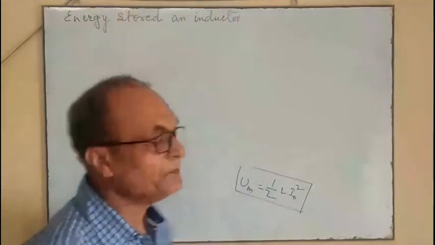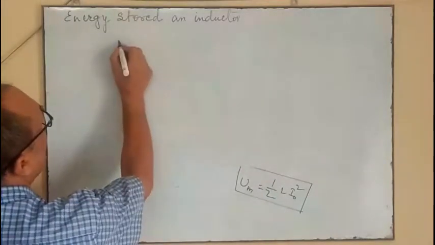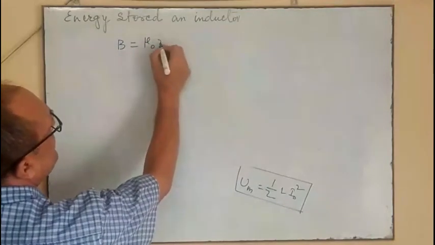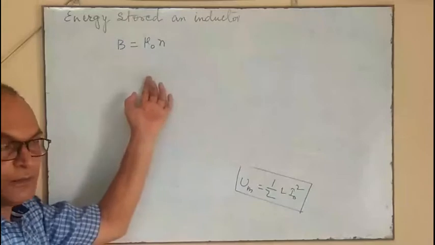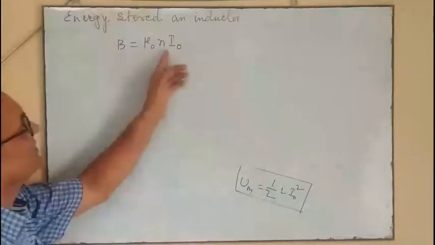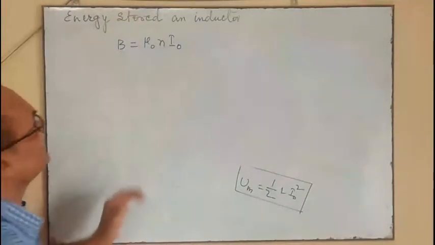We know here B equals the magnetic field. This equals mu naught N I, where N is the number of turns, into the current flowing through it.